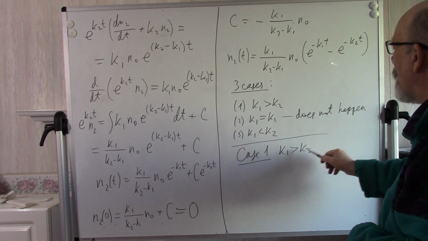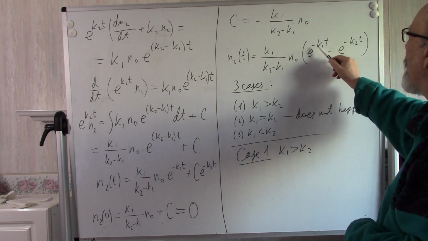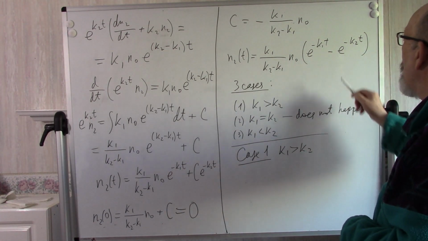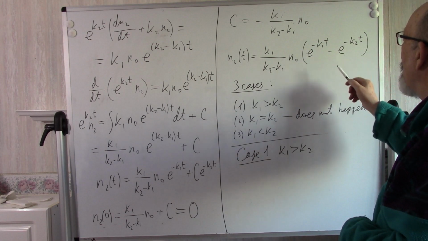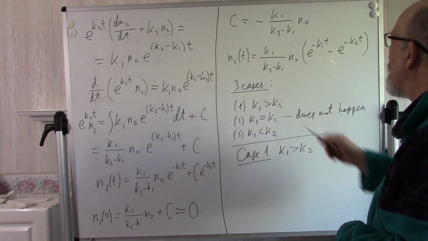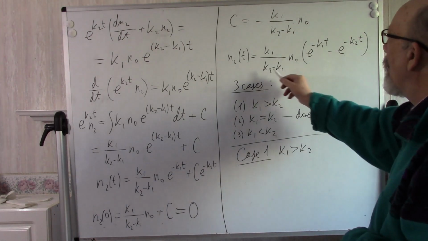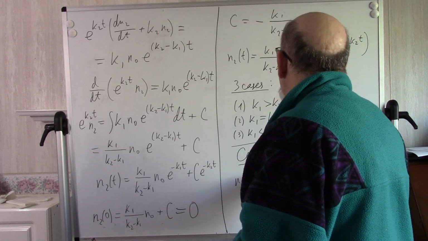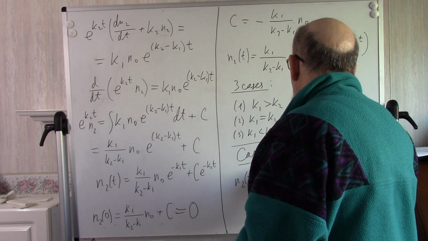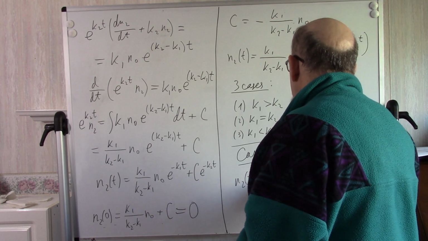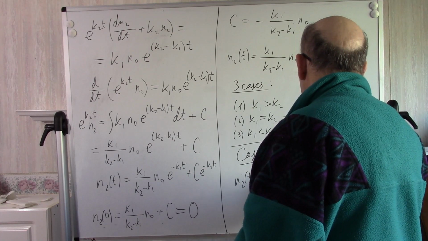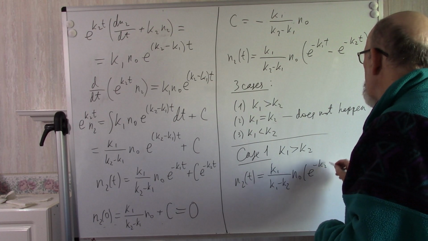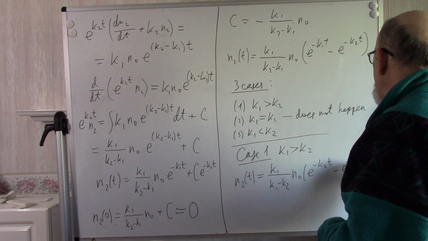Because if k1 is more than k2, then the exponent e^(-k1 t) decreases faster than e^(-k2 t), so this difference is negative. So N2(t) equals k1 N0 over (k1 minus k2) times (e^(-k2 t) minus e^(-k1 t)).